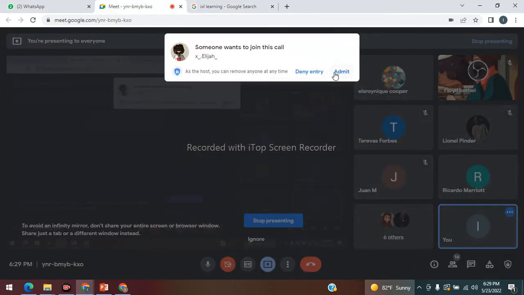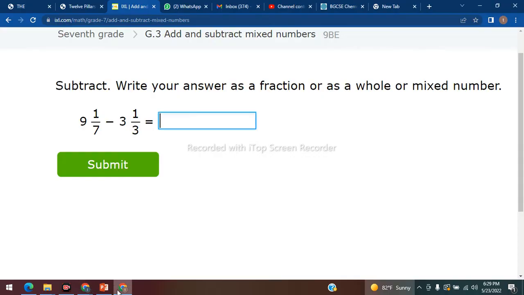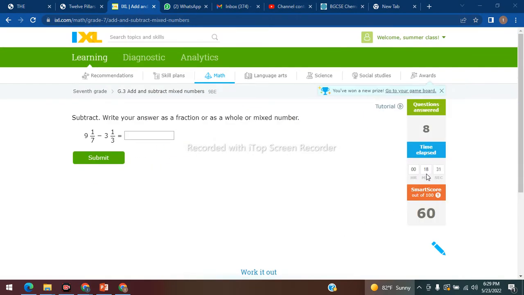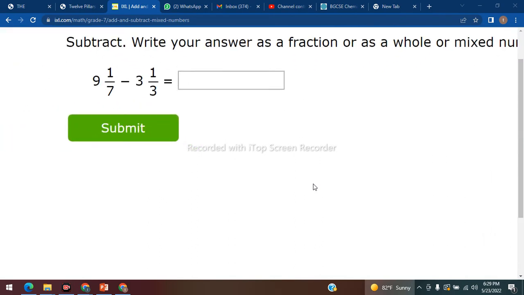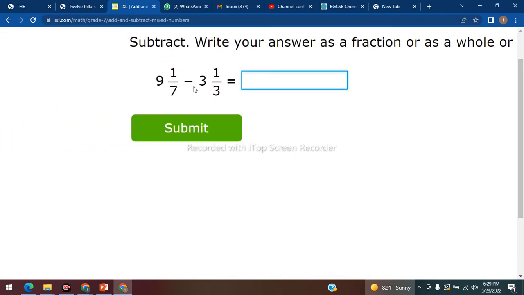We have to be quick with the screenshots because we're trying to finish this in record time. How much elapsed time do we have? Look at that, 18 minutes. Wow, that's bad. All right, 9 minus 3 is 6.